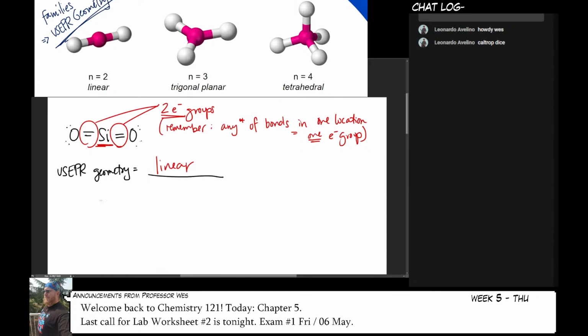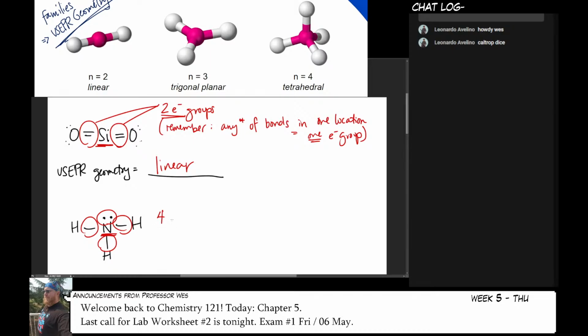Let's do another one. Let's suppose that I had ammonia, which looks like this. This is how we've been drawing it lately, right? How many electron groups are around the central atom of ammonia? So I'd go 1, 2, 3, because I got 3 bonds coming out. And then I have this electron pair.